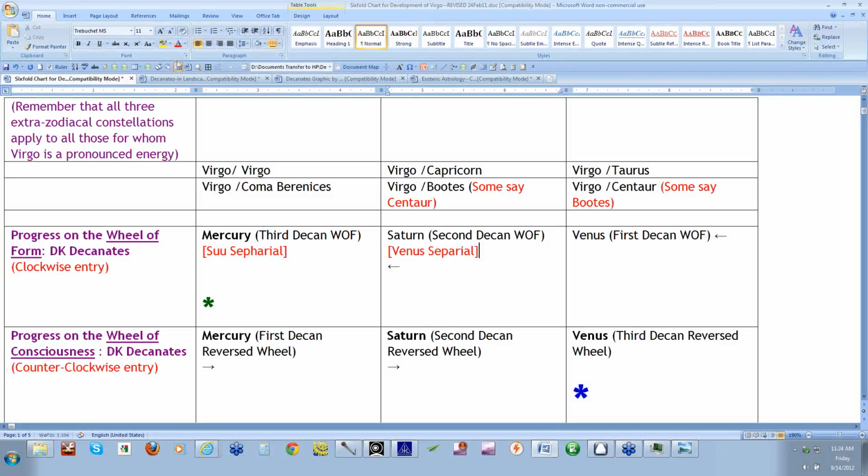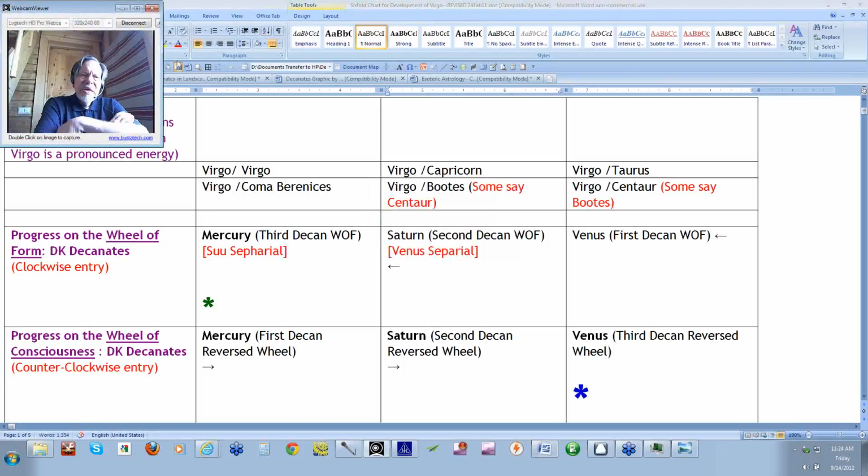I've explained this a number of times, that even though DK tells us that we're entering from 30 to 20 as an average person, when Sepharial is listing his decanates, he's starting with 0 to 10. So those who are entering from 30 to 20 actually are entering via Mercury.